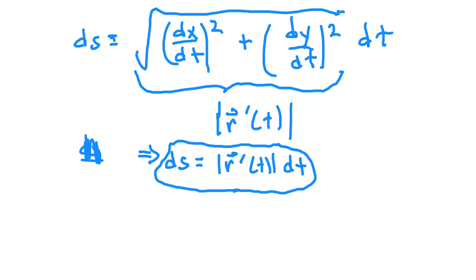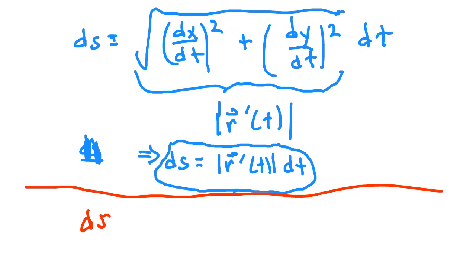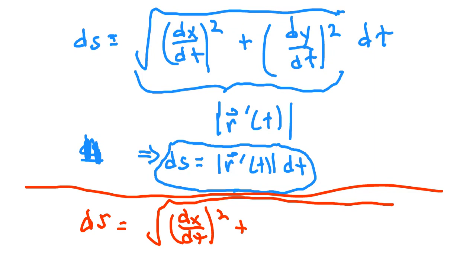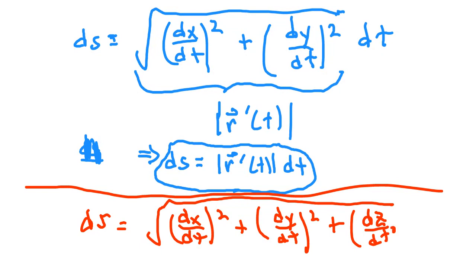And incidentally, it's no different if you work with three-dimensional space, which the figure did. The ds just equals the square root of the sum of those squares, dt.